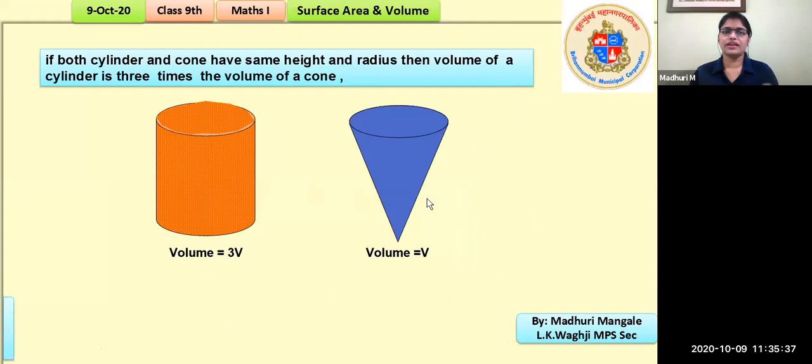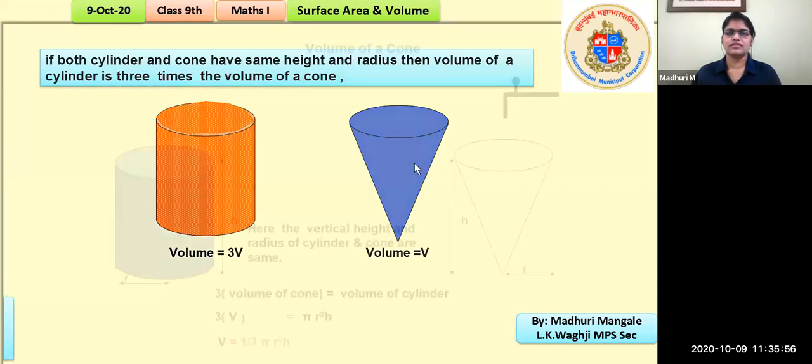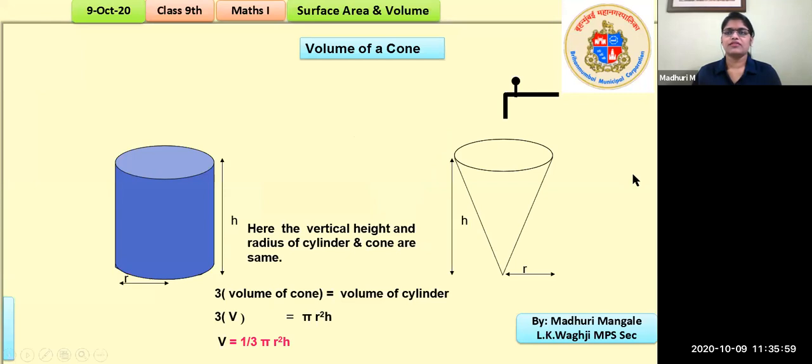So the generalization goes like this: if both the cone and cylinder have the same height and same radius, then the volume of a cylinder is 3 times the volume of the cone. Just quickly look at it once again. What is happening here?